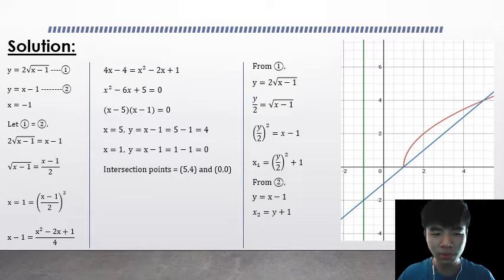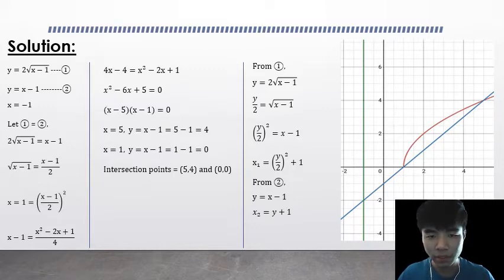x equals 5, y equals x minus 1 equals 5 minus 1 equals 4. x equals 1, y equals x minus 1 equals 1 minus 1 equals 0. Then we get the intersection points 5, 4 and 1, 0. We can look at the graph beside at the right side.